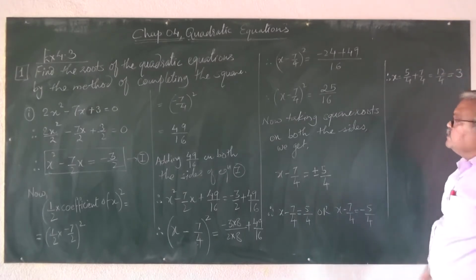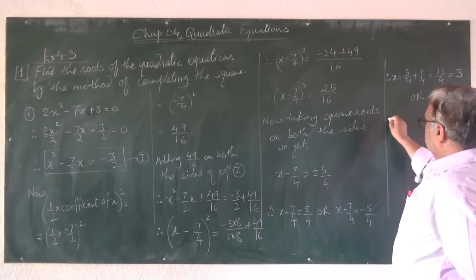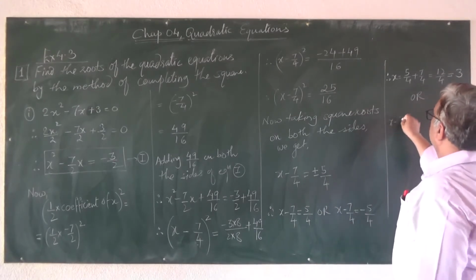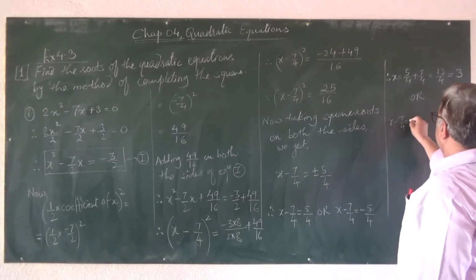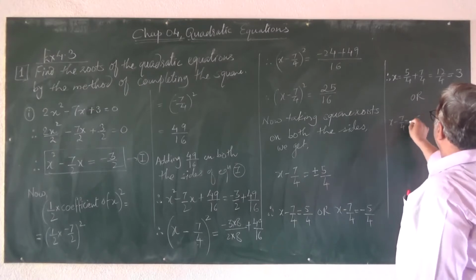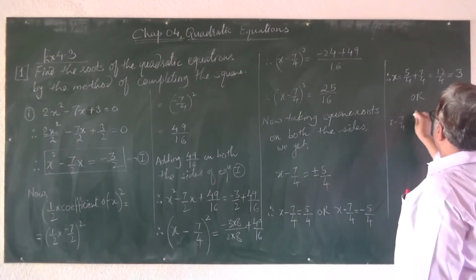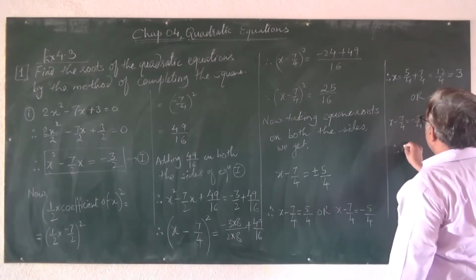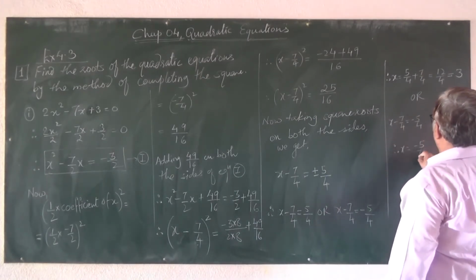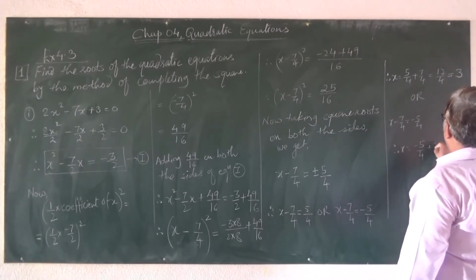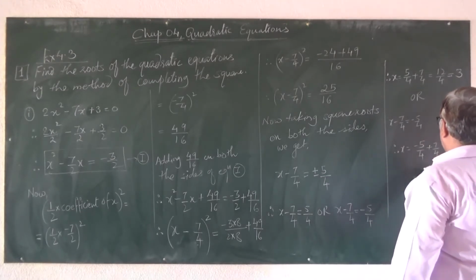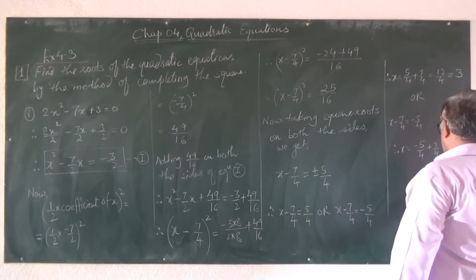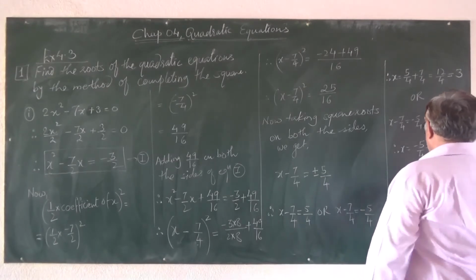So one of the roots is 3. Or you can take x minus 7 by 4 is equal to minus 5 by 4. So therefore x is equal to minus 5 by 4 plus 7 by 4, and that is 2 by 4, that is half. So x is half.